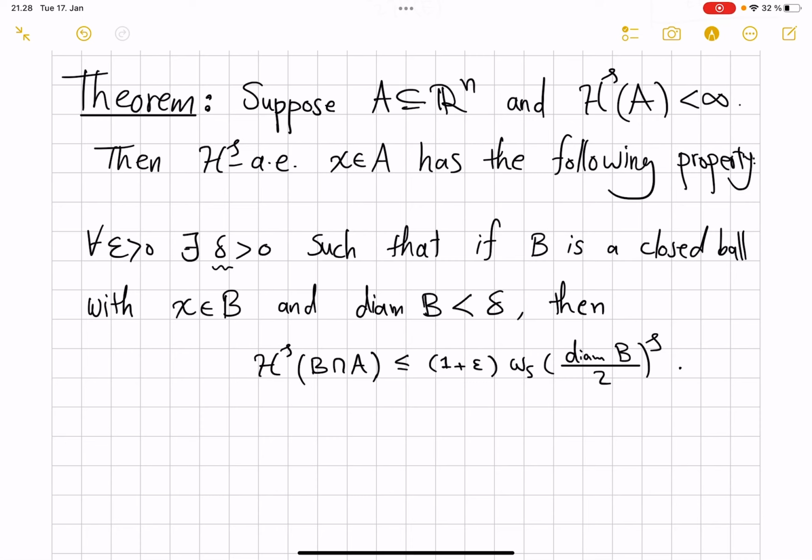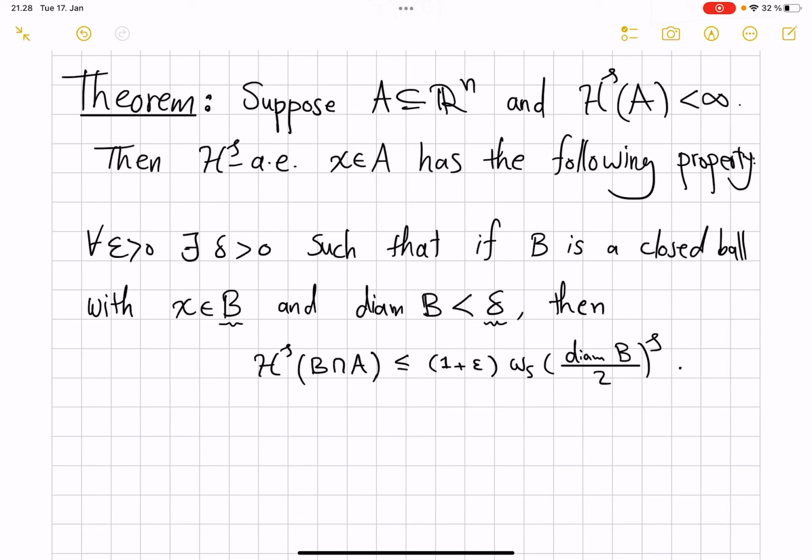So for this epsilon, there is a delta such that if you have a ball, which we assume is closed, though I don't think that's any essential requirement, and the ball contains the point x, which is fixed from here, and its diameter is smaller than delta, then the isodiametric inequality holds.